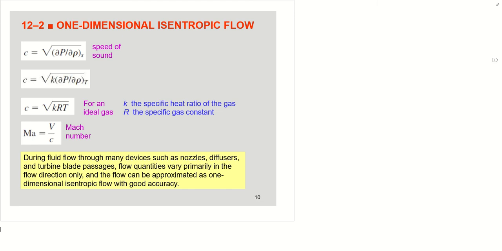Mach number is basically the ratio of fluid velocity to the speed of sound. The speed of sound depends on the square root of kRT, where R is the gas constant, k is the specific heat ratio, and T is the temperature in Kelvin.